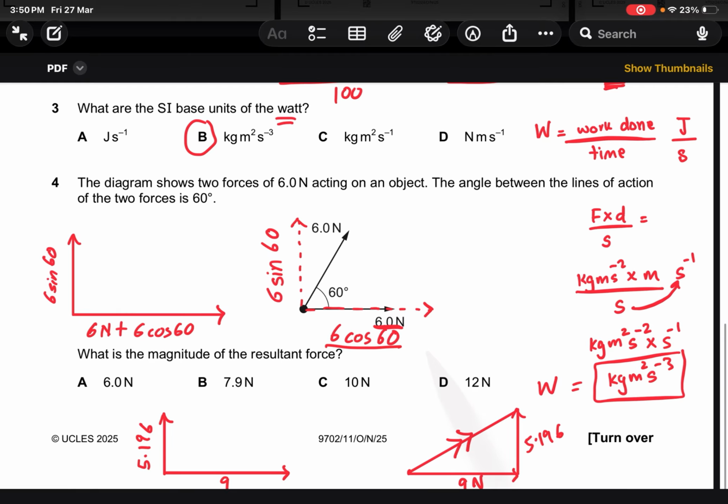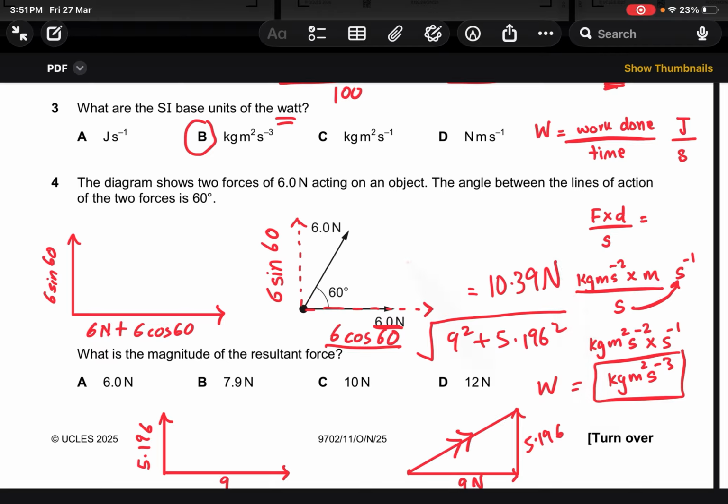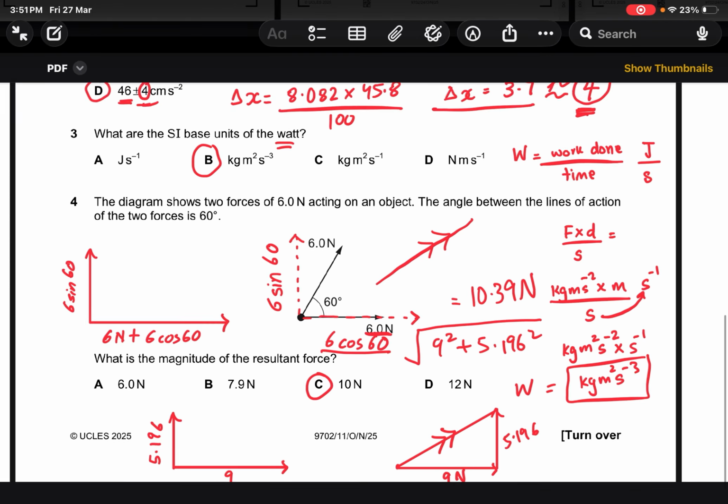I use the Pythagoras theorem to calculate the hypotenuse, which is 9 square plus 5.196 square, and that comes out to be 10.39 newtons. The direction of the resultant is something like this, which makes this the correct option if we round it off.